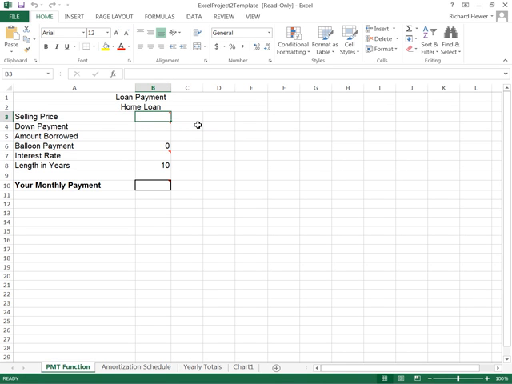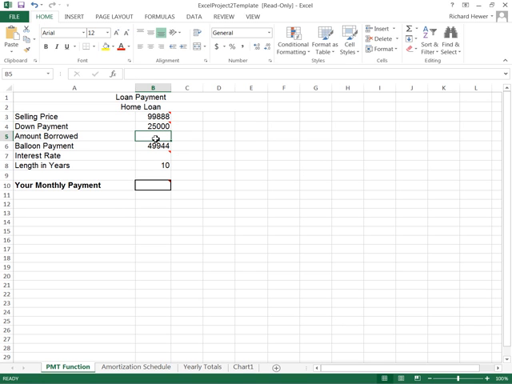That way the payments and the down payment will not have as many cents most of the time. So what I'm going to enter in is $99,888.